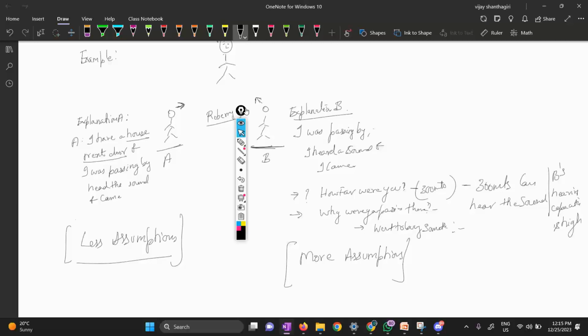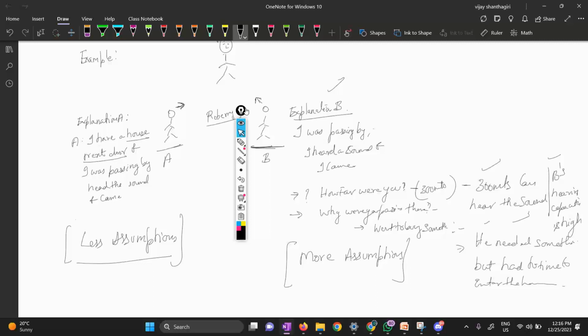Second assumption here, that he needed something, but had time to enter the house. All of this, right? So many assumptions. To say B is right, you have to inherently assume all this.